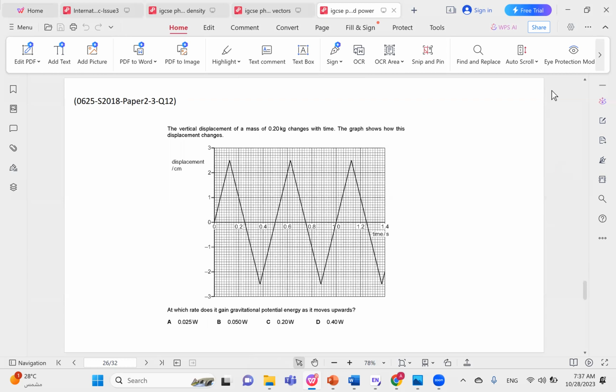So you should know that gravitational potential energy is equal to mgh, and the rate of gaining gravitational potential energy, which is actually power, is equal to mgh divided by time. And we can now replace all the quantities. But bear in mind that we need to find a point on the graph to derive some quantities from it. So maybe let's just take the peak.